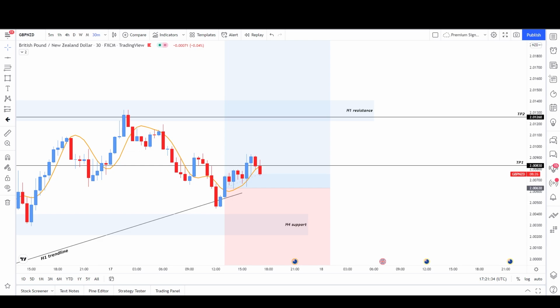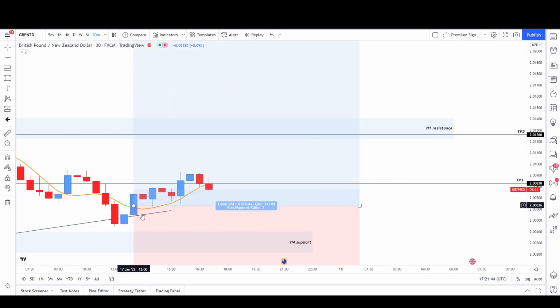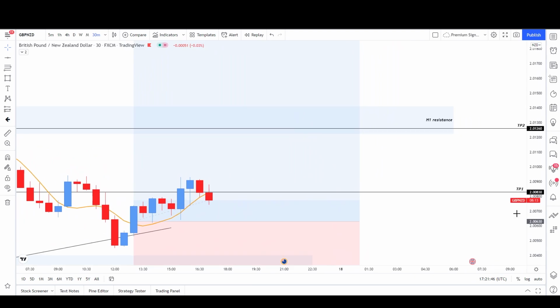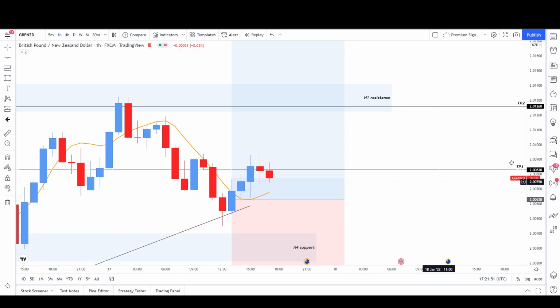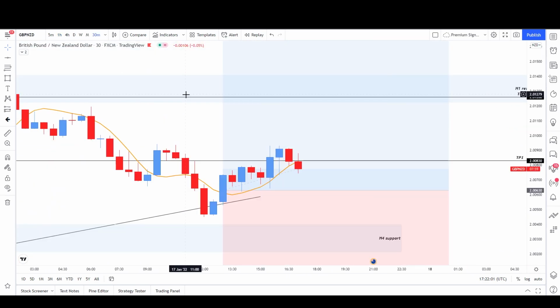So what I was actually waiting for is a nice bounce off the moving averages to support my setup, which of course has occurred on the 30-minute time frame, because as you can see, we had a nice bullish engulfing candle bouncing off the whole moving average, and the 1 hour time frame had a nice confirmation as well.